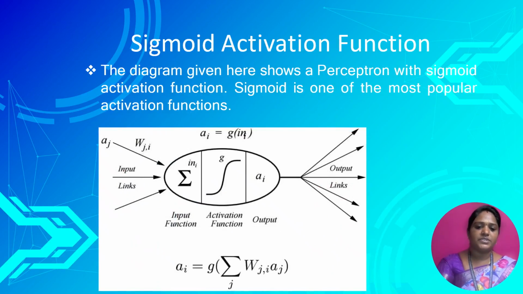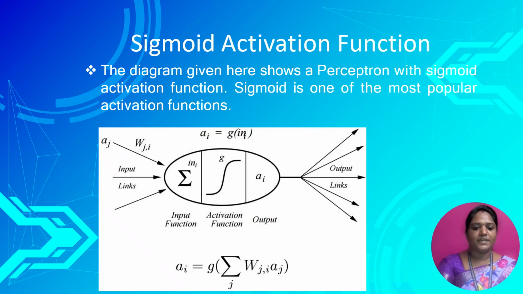There are three activation functions that can be used in perceptrons, which I already explained in the previous slide. Here is the sigmoid activation function. This diagram shows a perceptron with the sigmoid activation function, one of the most popular activation functions in artificial neural networks. The diagram represents multiple inputs summed with the weights, then the activation function, here a sigmoid, produces the output values.